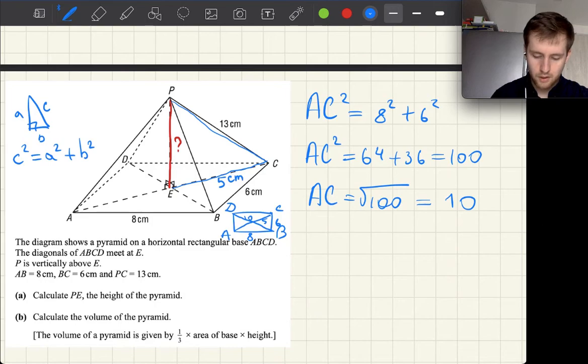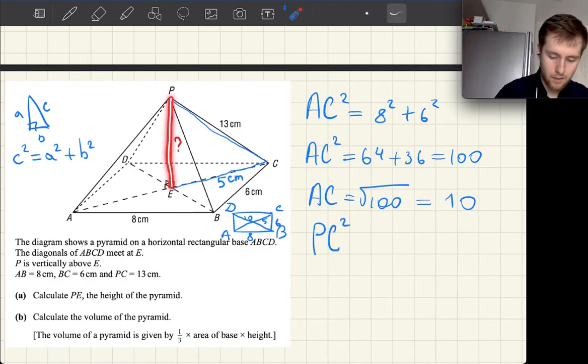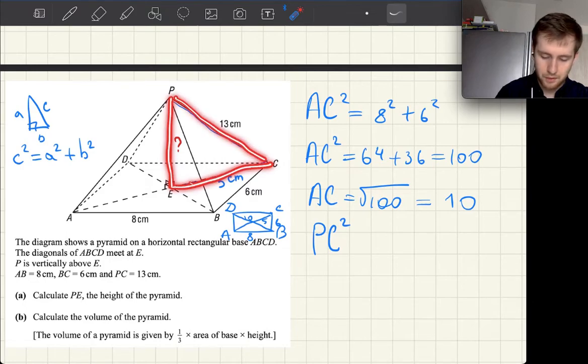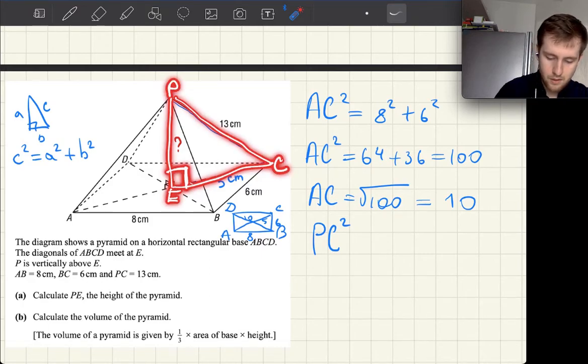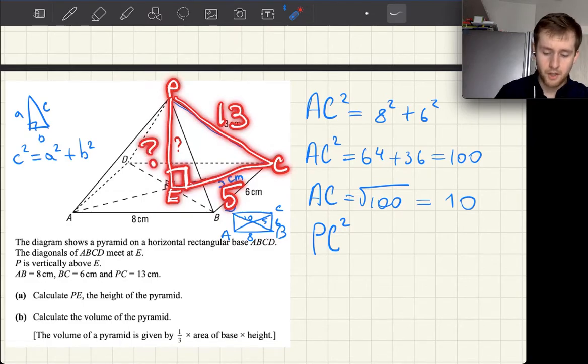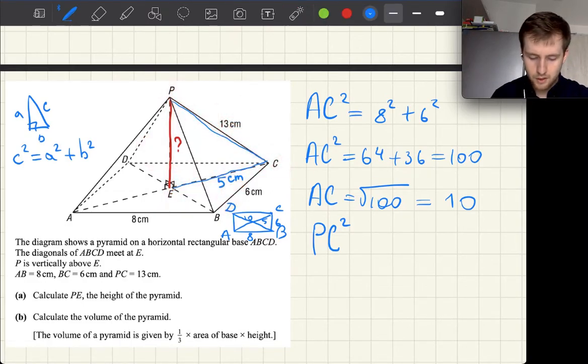All right. Then for PE, we could say that PC squared, because it's the hypotenuse in this case. We have a right angled triangle here, you see? The right angle is here, and this is E, C, and P. This is 13 centimeters, this is 5, we have to find this side. So PC squared equals EC squared plus PE squared.